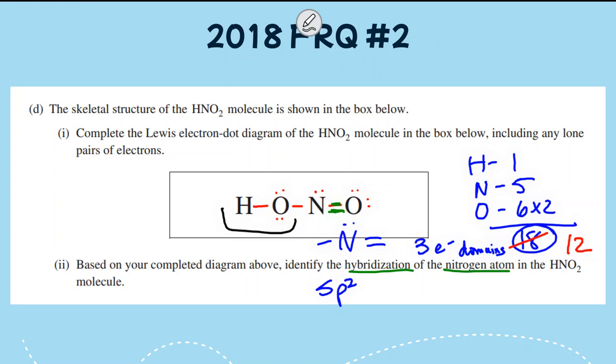Now, if it also asked for the type of bonds, you would say 2 sp2 sigma bonds and 1 pi bond, but it's not asking for the type of bonds, just the hybridization. Remember, the hybridization only goes with the sigmas.